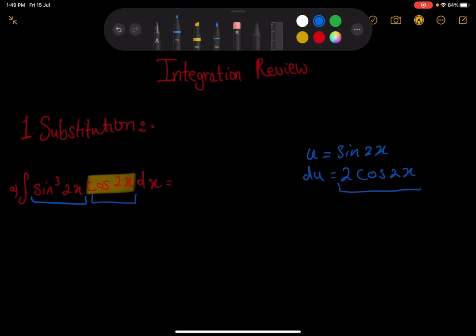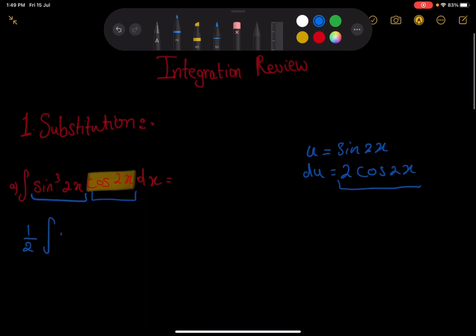So I'm going to multiply by half outside my integration, and add the 2 inside. When I multiply by half outside, I'm not changing the values, because I multiplied by 2 inside the integration, so I can have this term as well.